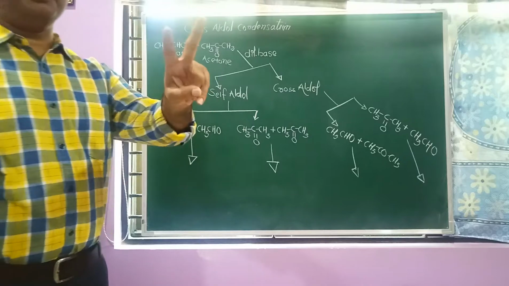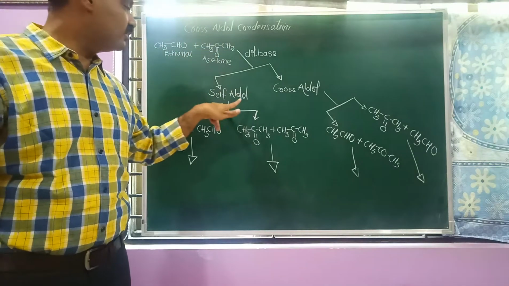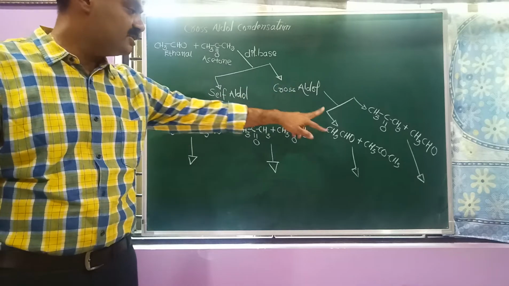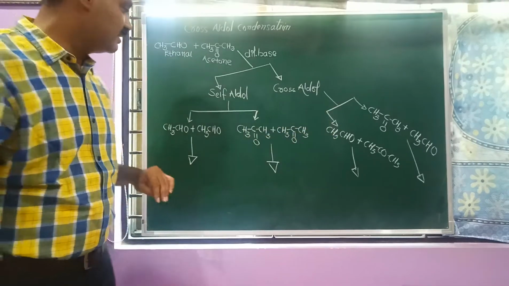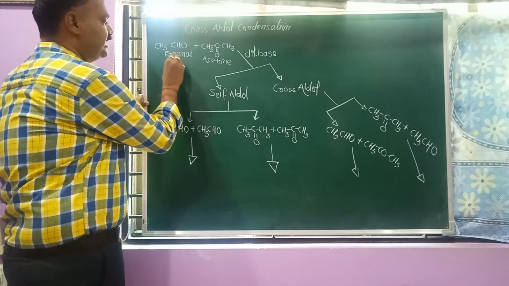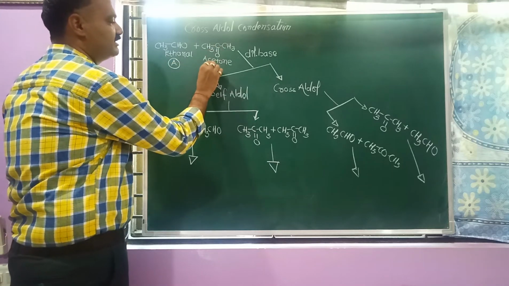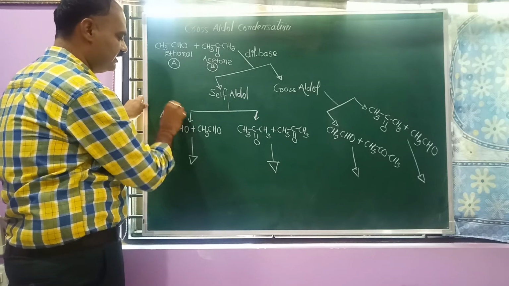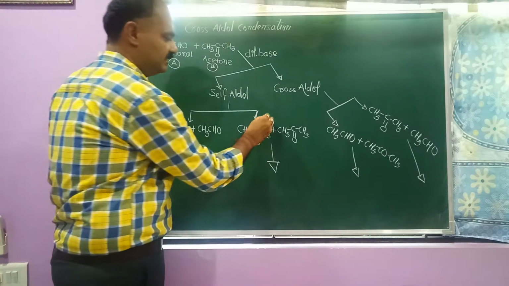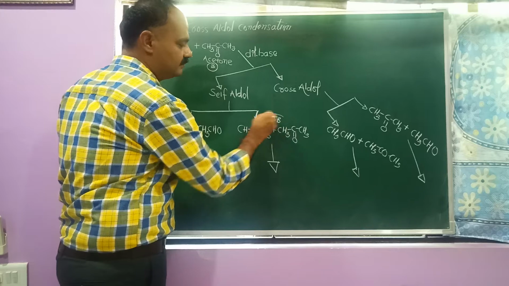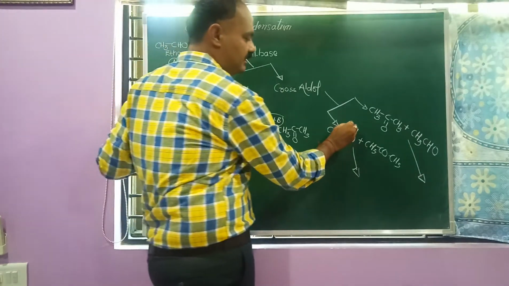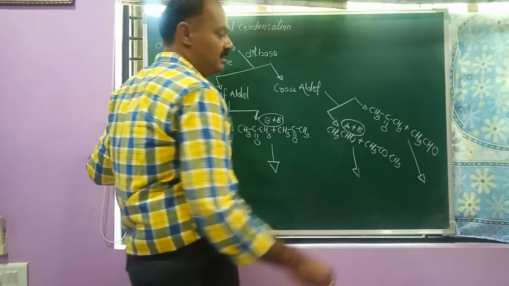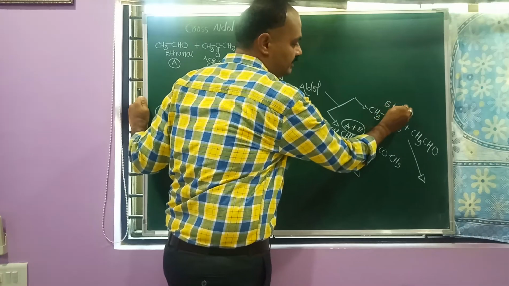This means when we are talking about aldol, we have two types: self and cross aldol reaction. Cross aldol is in which A plus B, B plus A. Suppose we indicate this by A reagent and this by B reagent. Then this is the A plus A reaction, this is the B plus B reaction, this is the A plus B product, and this will be the B plus A product.